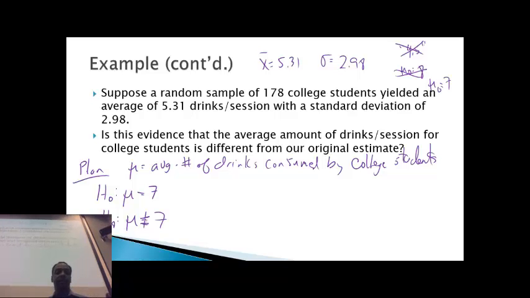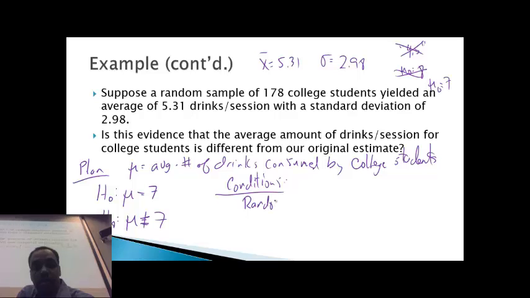And again, I'm big on not changing the rules in the middle of the game. Some background information as far as our conditions are concerned. Well, you want to see if you have a random sample. Do you have a large enough population?